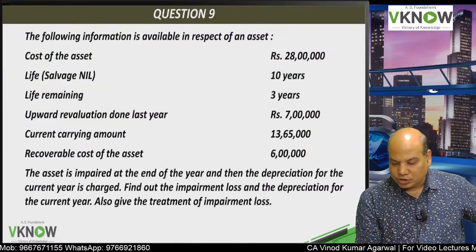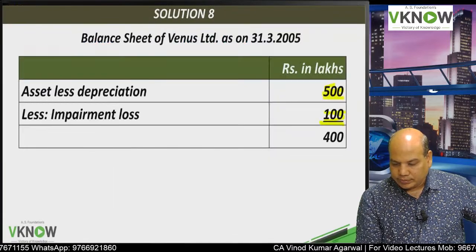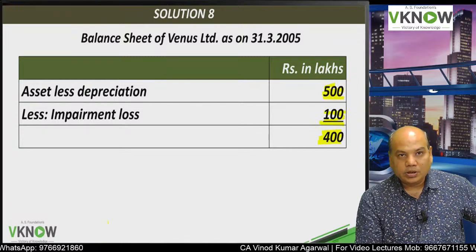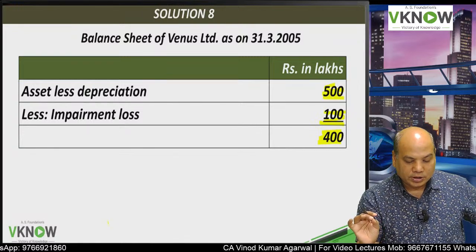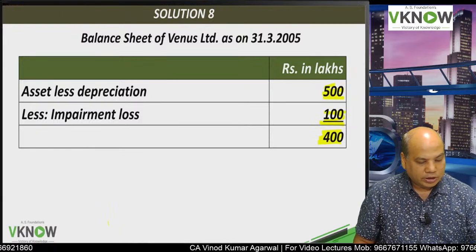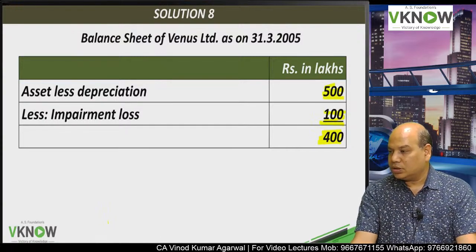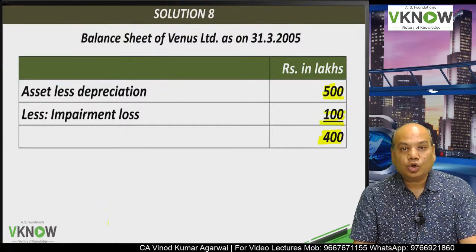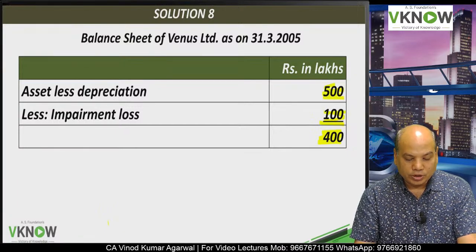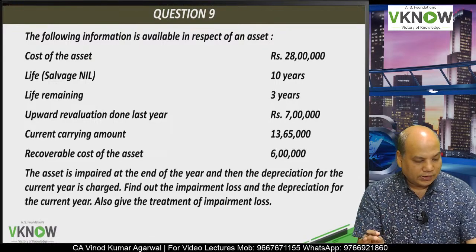Therefore, in the balance sheet, the answer would be 400. The carrying amount will be 400. So do this much in the exam, you will get 4 or 5 marks. These 3 questions that we have taken today were based on non-revalued asset. Now we are going to take a question on revalued asset.